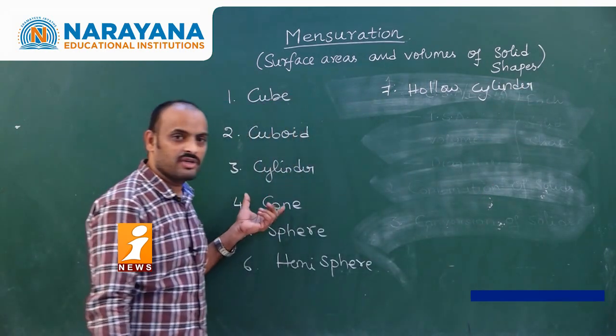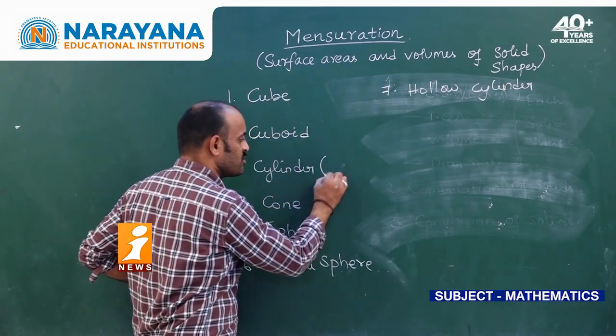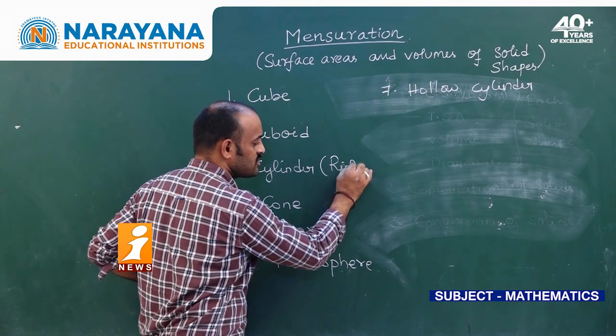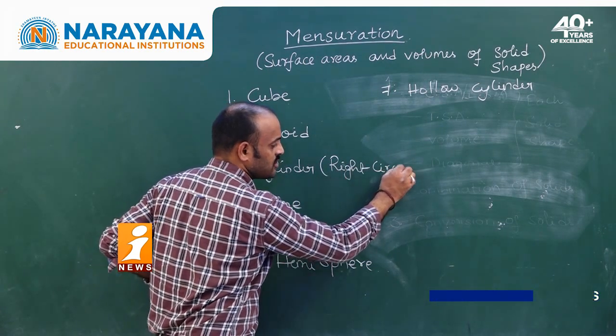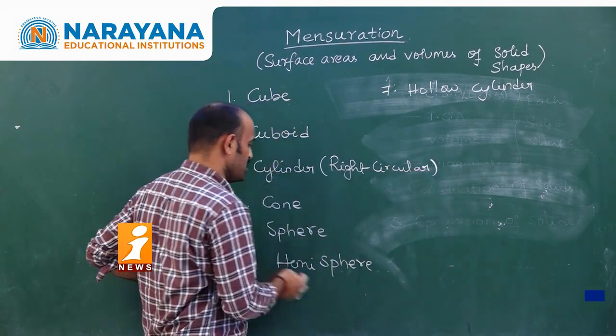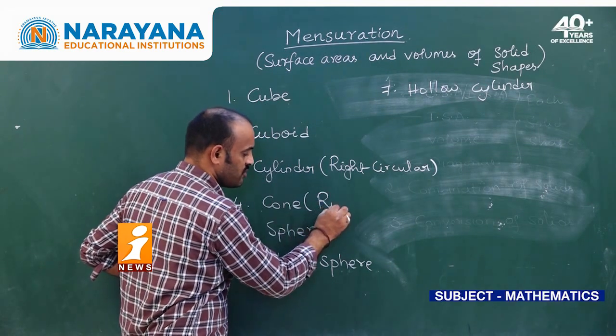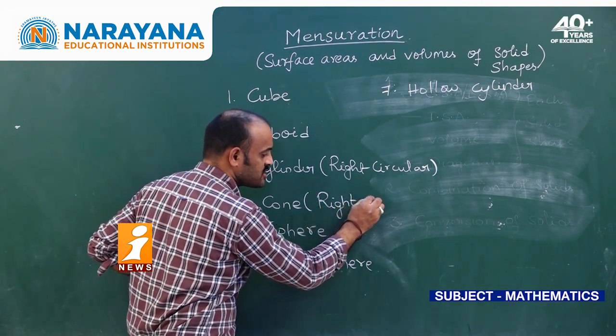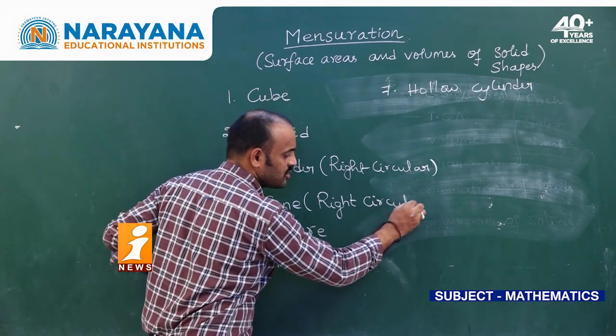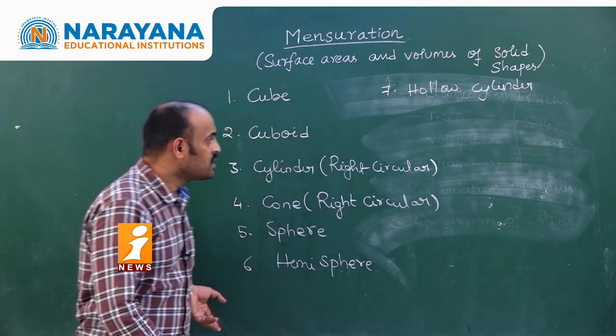In this entire chapter, if it is a cylinder it means a right circular cylinder.